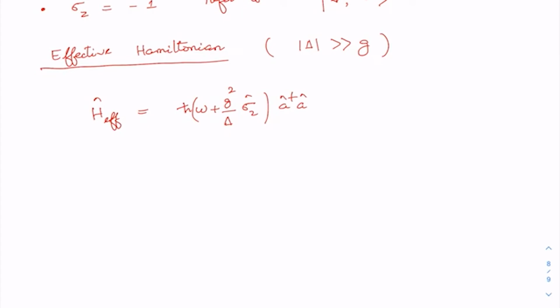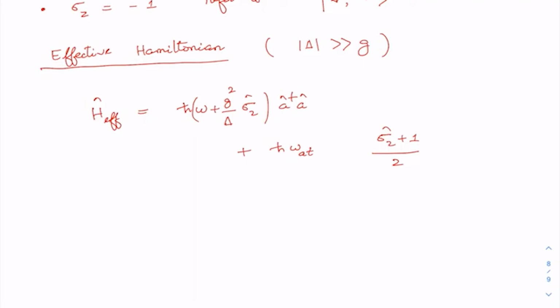On the other hand, for the atom case, again from the Jaynes-Cummings model we know that we had this term, sigma z plus 1 by 2, where if sigma z is equal to 1, then we have h cross omega atom, that means the atom is in the excited state, and if sigma z is equal to minus 1, then the atom is in the ground state.